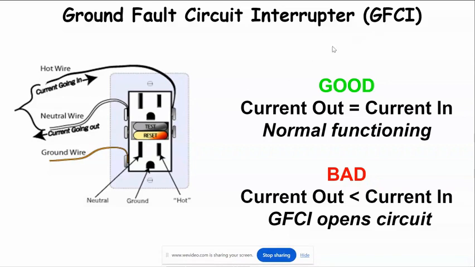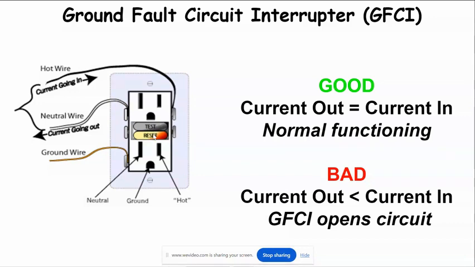And if the GFCI, this smart outlet, notices that, it will immediately open the circuit and shut it off. You probably notice on these outlets there's a test button and a reset button. If you push the test button, it'll shut the power off, because it's just making sure that this all works. And then you reset it.